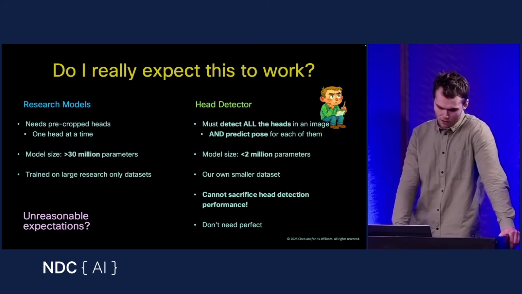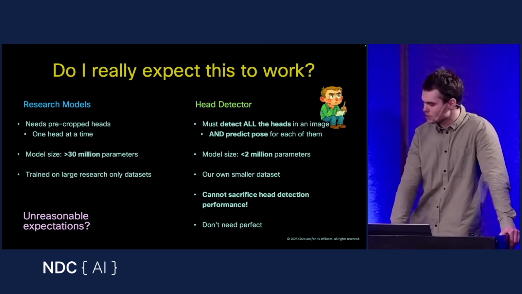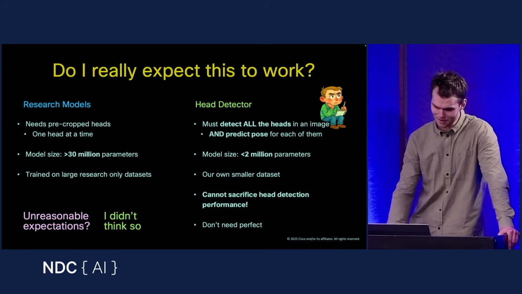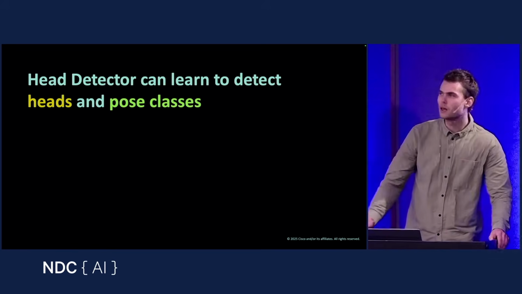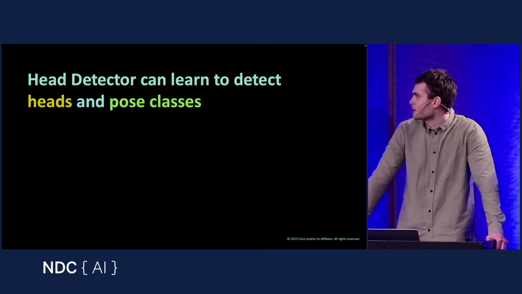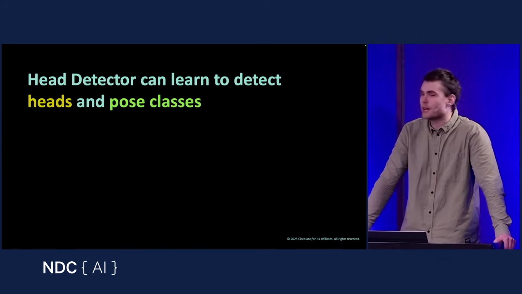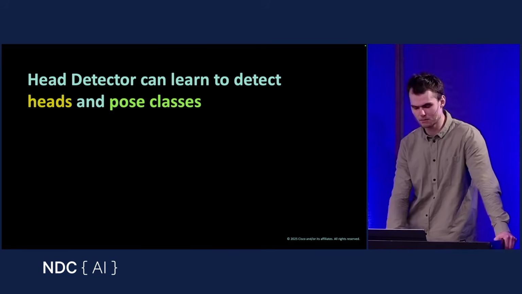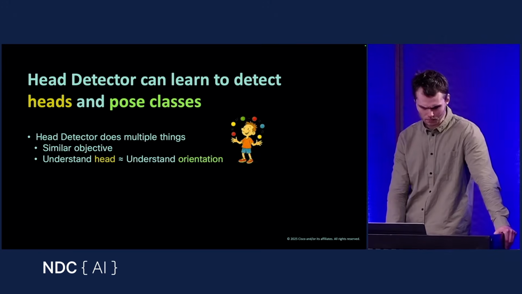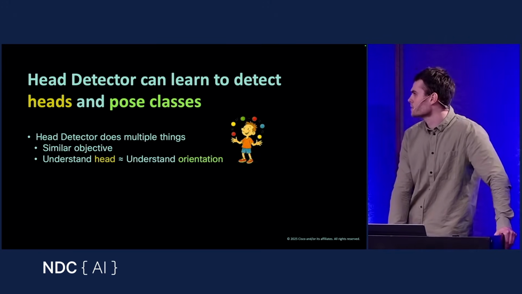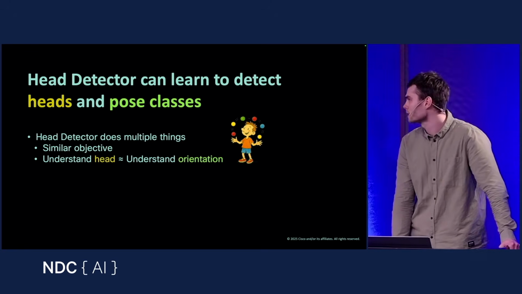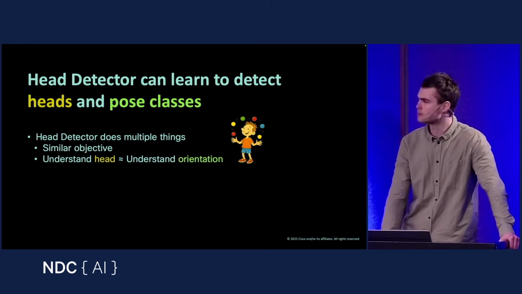Now, do we have unrealistic expectations here? I didn't really think so, and there are some reasons for that. We had already figured out that the head detector could learn both heads and pose classes at the same time, so some measure of pose. And through other experimentation, we've also found out that it can do other things at the same time, as long as they're somewhat similar.